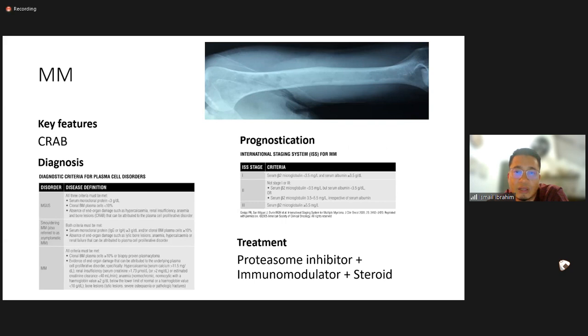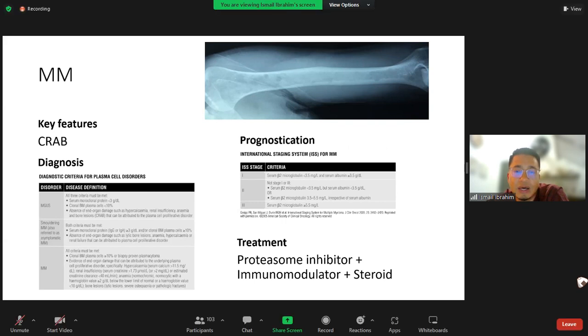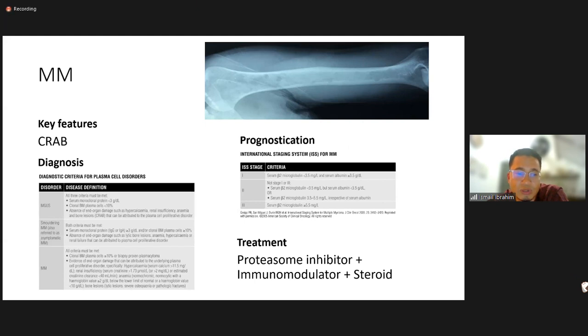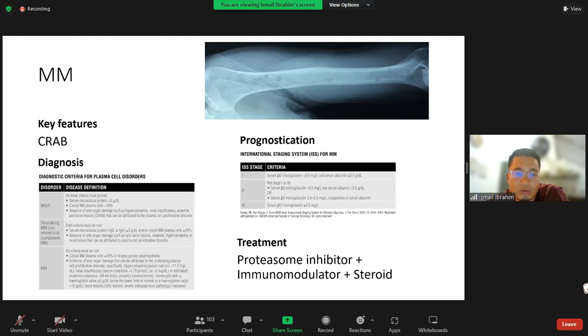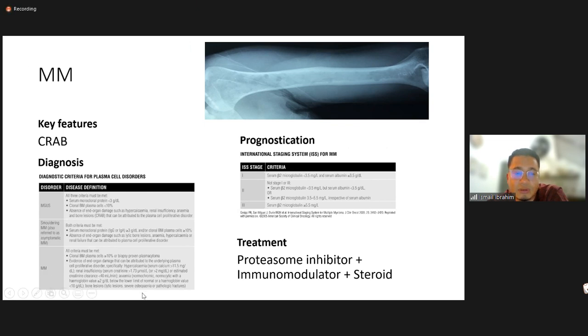So if you have a collection of plasma cell outside the bone marrow, and that is enough to diagnose multiple myeloma as well. And you need to have with that what you call this CRAB. So symptomatic multiple myeloma must have CRAB. To prognosticate them, we use beta 2 microglobulin and albumin level.